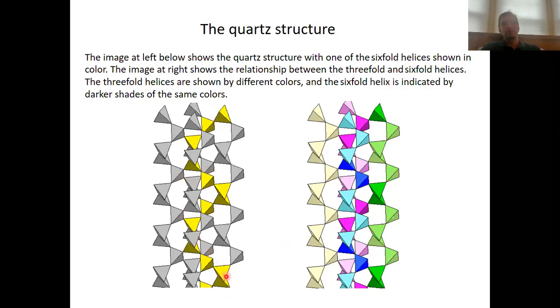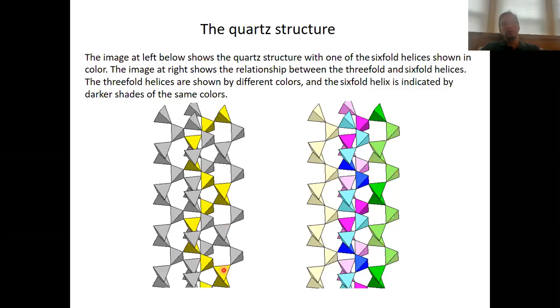And you see that you have to go 6 tetrahedra until you reach a tetrahedron which is, well, identical to a previous one. So for instance, if we start with this one and we say this is the first one, and this is the second one, this is the third one, this is the fourth one, that's the fifth one, and that's the sixth one, and the seventh one, here, this one, will be identical to the first one.